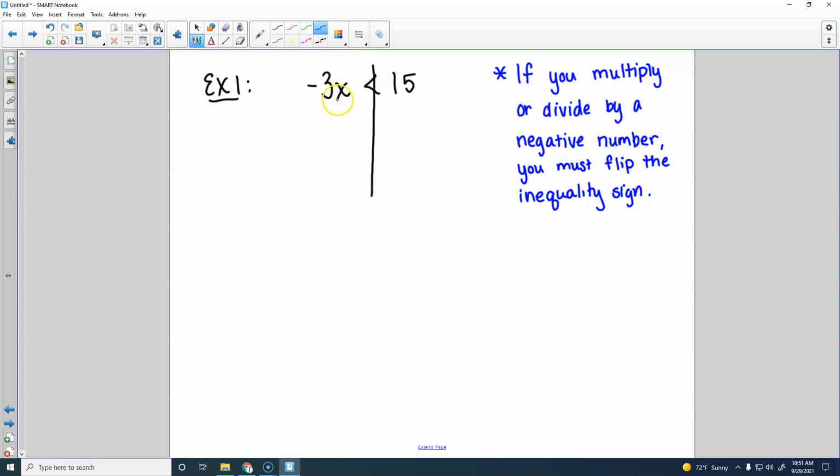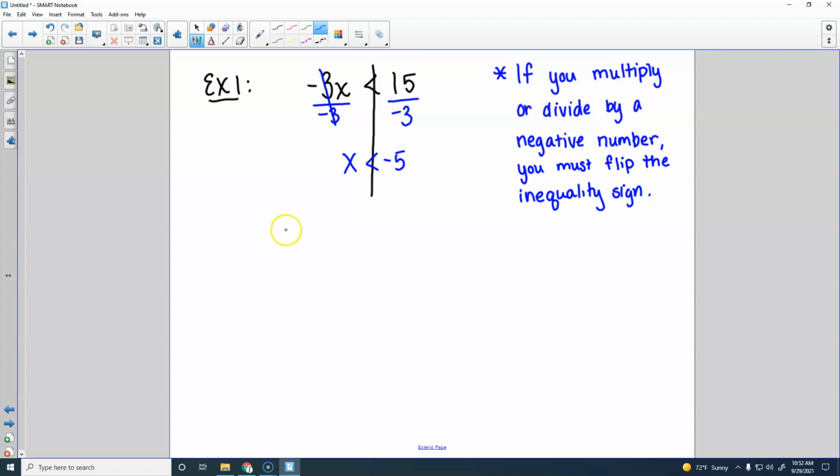What do I have to do to get rid of the -3? Divide both sides by -3. So, on this side I would have x, and on this side I would have -5. Alright, so I did not flip that inequality sign. I just left everything the same, just like we've been doing problems, right?